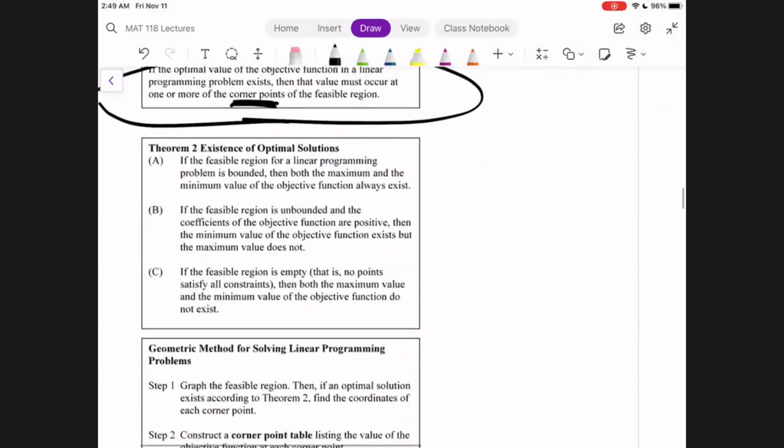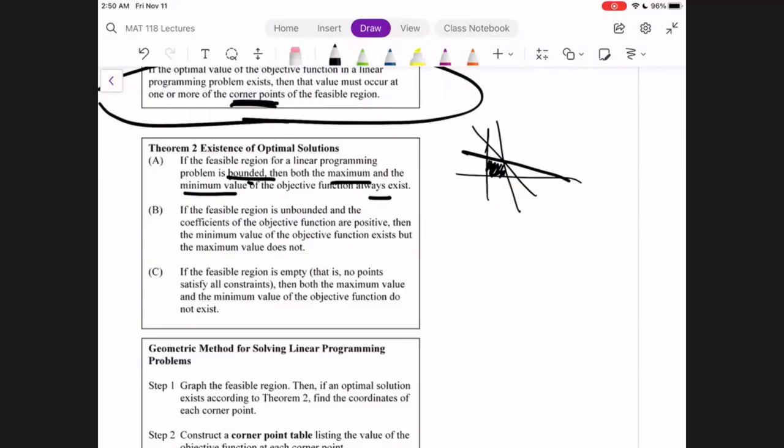Okay. So then the next theorem talks about if it's bounded, then the min and the max will always exist. That means if I shade something in, if I have a graph like this, and let's say this is bounded, this is my feasible region, then I know I have a max and a min.